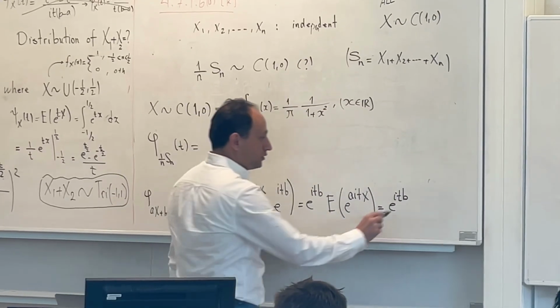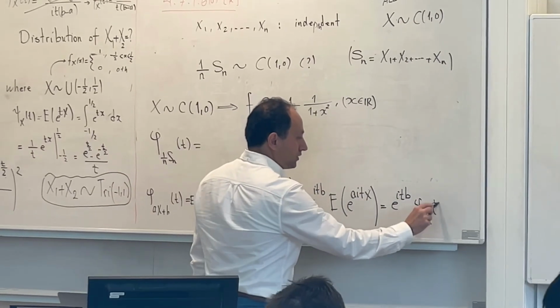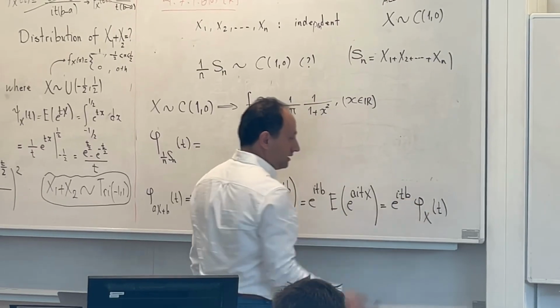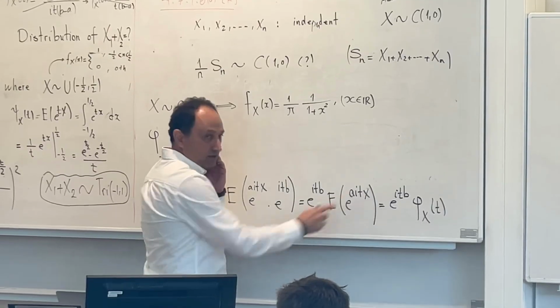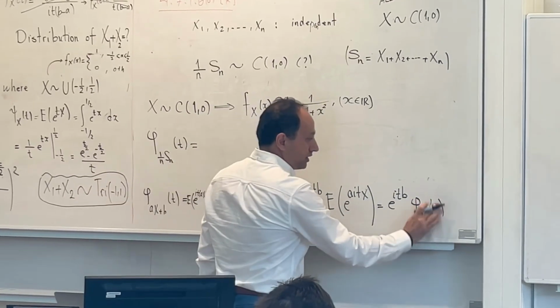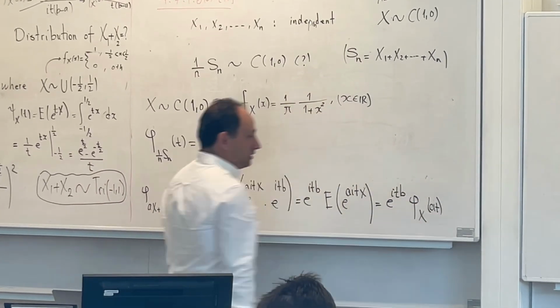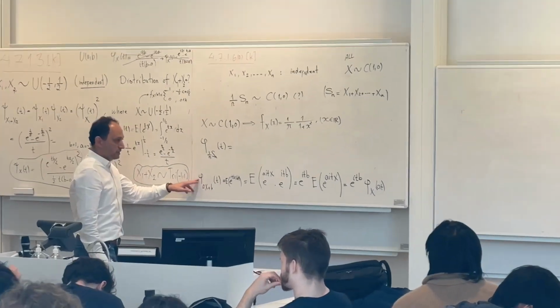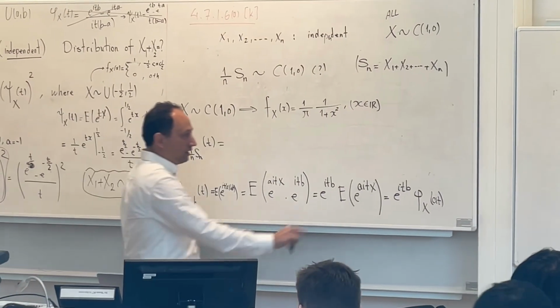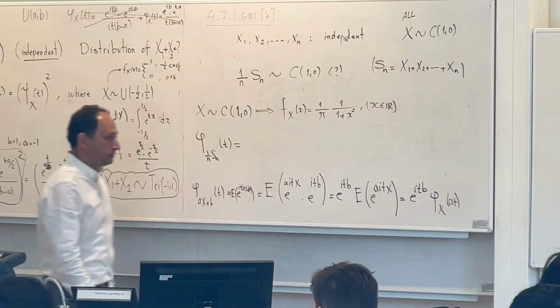But what can I write for phi here? Of course, this is not phi of t, but it is phi of a t. Yes? So this is phi of a t. Okay, so that's also a theorem in your book. That is also working for psi. But for psi, I do not have this i, of course.